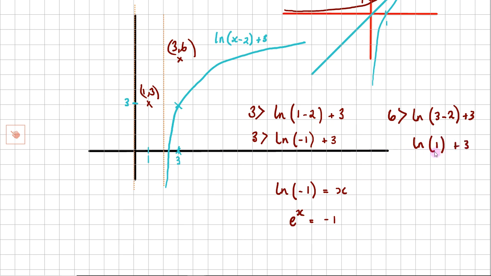The natural logarithm of 1 is 0, so 0 plus 3 makes 3. All right, so is 6 greater than 3? Yes, so that's what I want. So that region I'm allowed, so I'm going to shade above it.